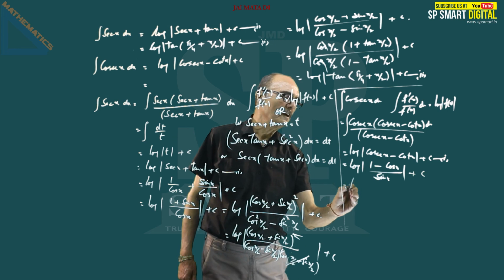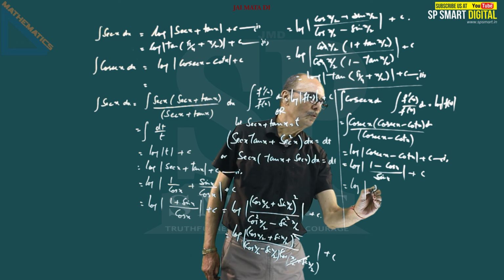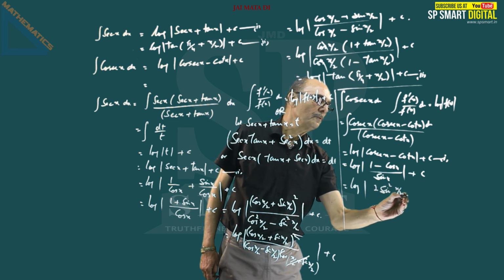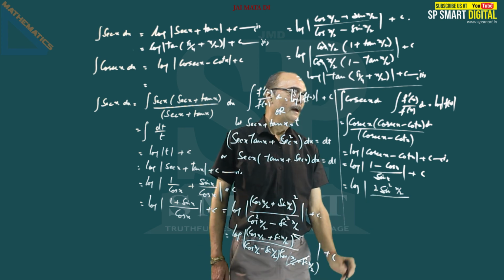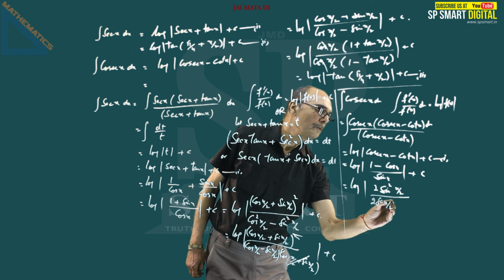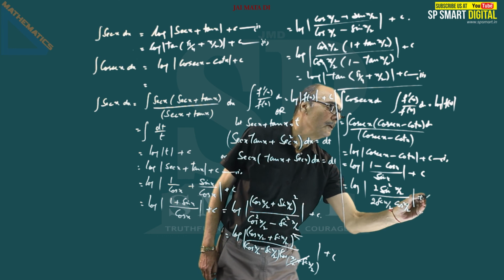The formula for this is log of 1 minus cos x, which is 2 sin square x by 2, and sin x is 2 sin of x by 2 cos of x by 2, plus c.